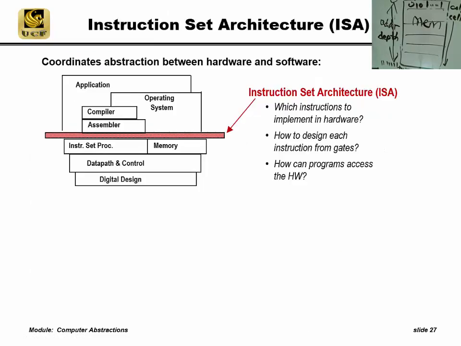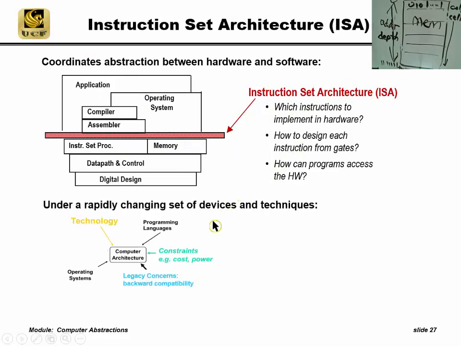So to understand what those components are and how they function, we can look at these levels of abstraction and the hardware-software interface we call the instruction set. A lot of these constraints interact with one another, so in this concept of computer architecture, we have constraints of cost and power. We already saw a very simple example.